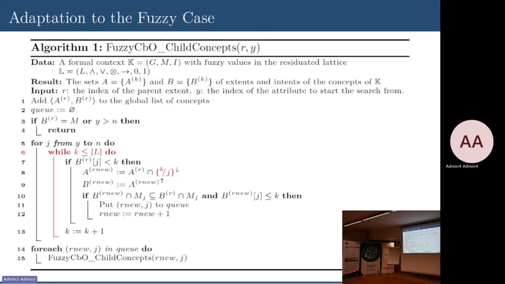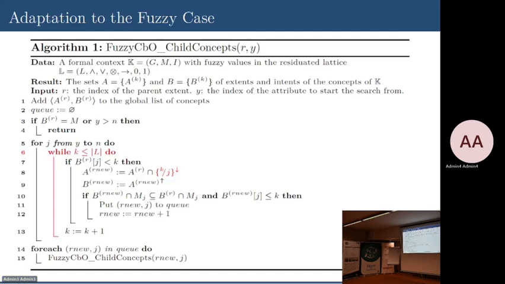The child concepts are computed in this manner. In this pseudocode, you can see the code. The only difference between the crisp case and the fuzzy case is this loop, because now we don't need to loop around all the attributes, but we also need to run through all the possible truth values.